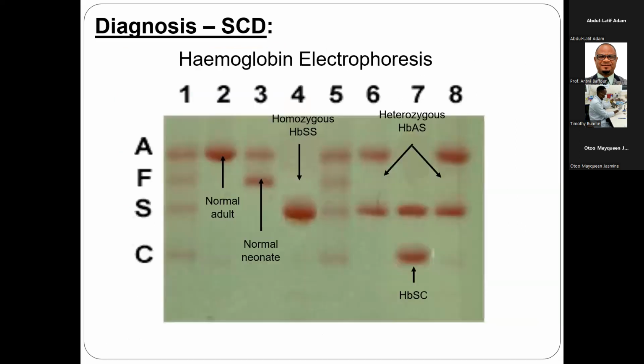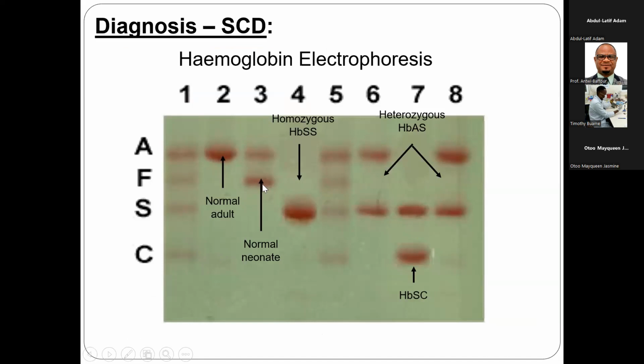So this is run here, and we have a band matching A and another band matching S, and that is hemoglobin A and S for this individual. This is hemoglobin S and C, hemoglobin A and S. That is a neonate, AF.